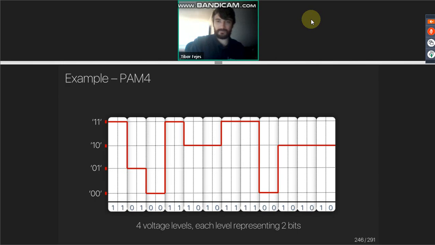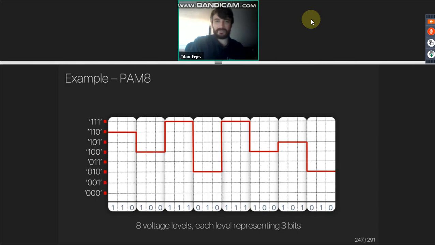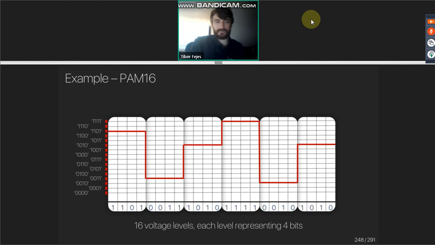Likewise, with PAM8, we've got voltage levels representing 3 bits, and then with PAM16, they are representing 4 bits. So clearly, using higher PAM modulations has the advantage of being able to send more data per clock signal or clock cycle.